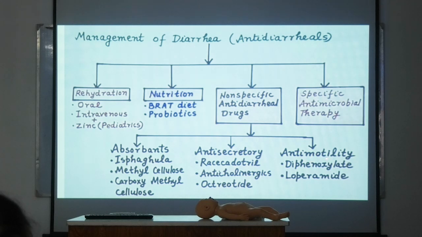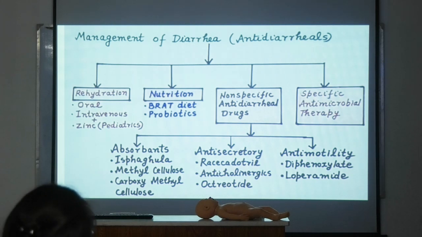And another group are the anti-motility agents. Anti-motility agents means, I told you peristalsis is increased, someone who passes stool once passes stool 10 times in diarrhea, peristalsis increased.